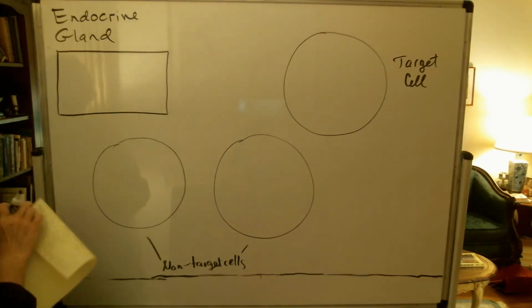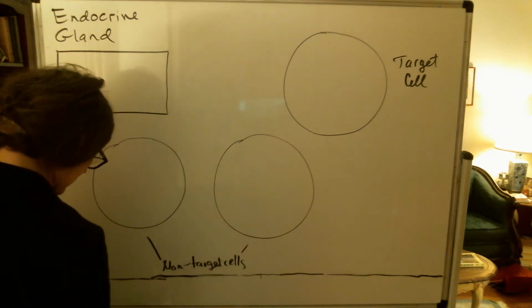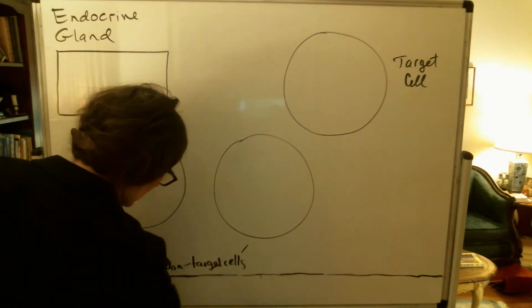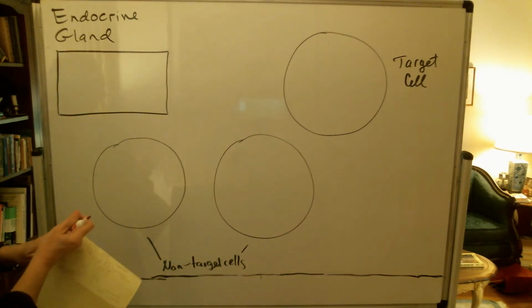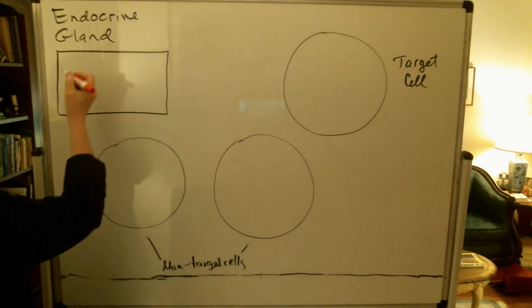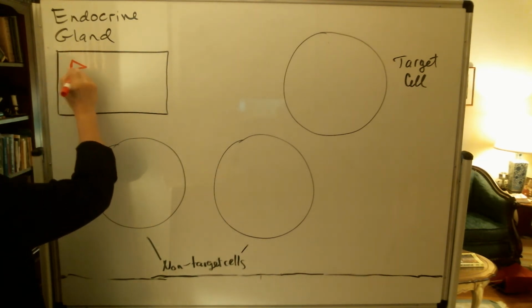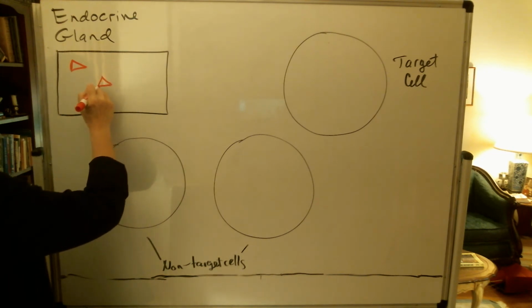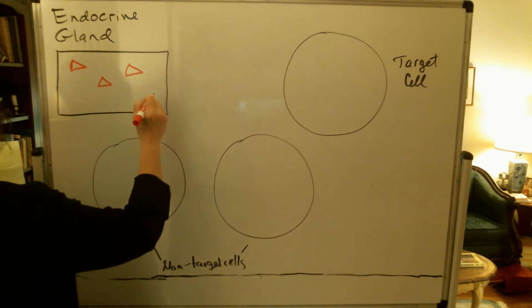So here's what happens. Let's get some colors working here. So here we have this endocrine gland then making some hormones. And these hormones have a particular shape. And I mean that pretty literally.